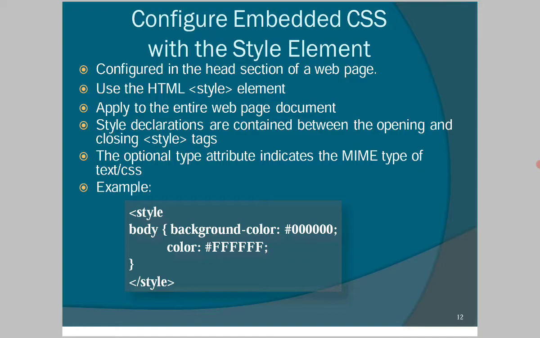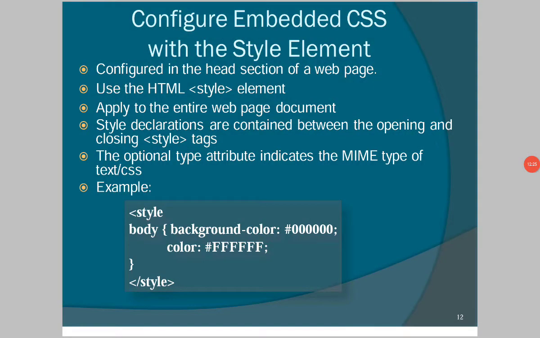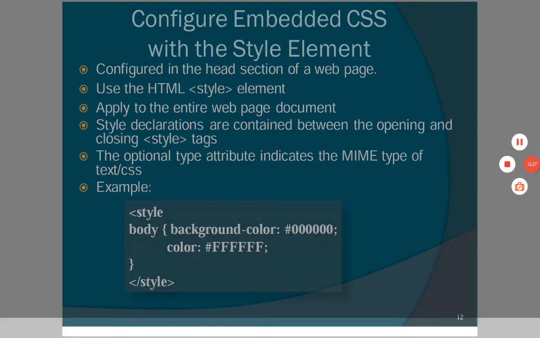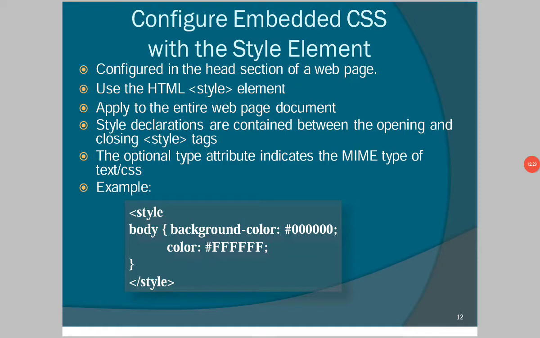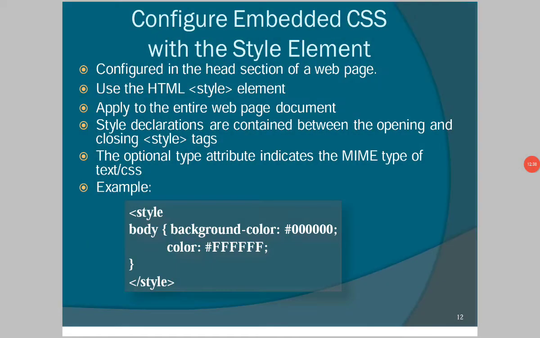The optional type attribute indicates the MIME type. This is the simple example of using styles in HTML code. So the syntax is style, body, p color, like that, and /style.